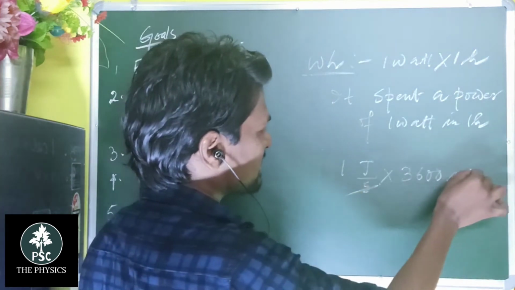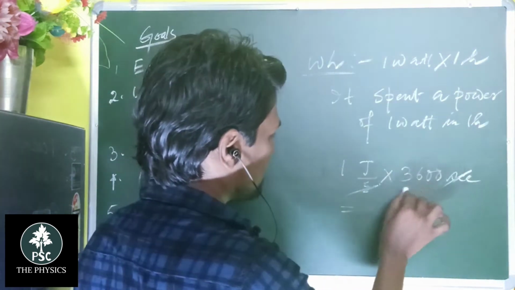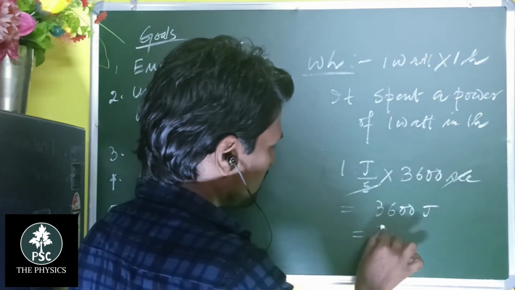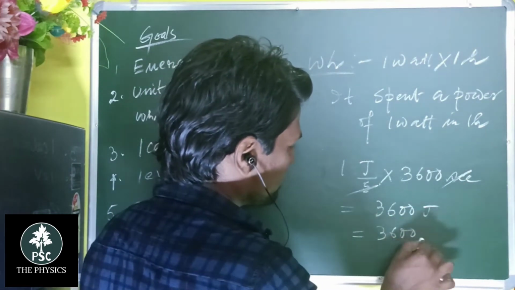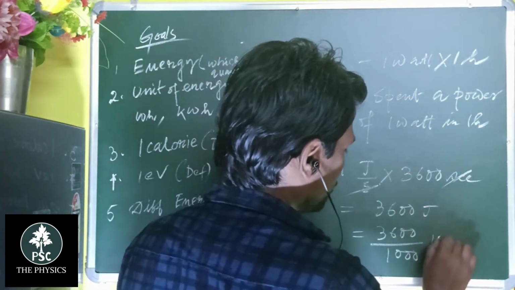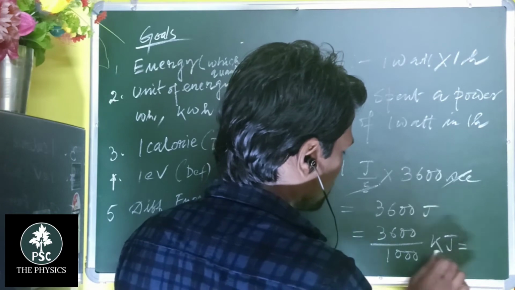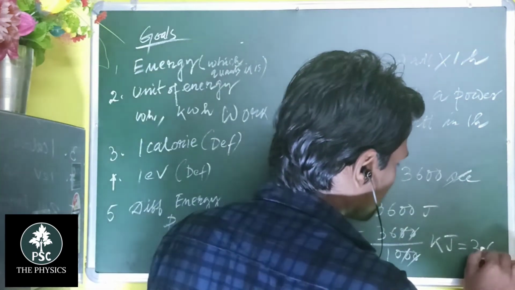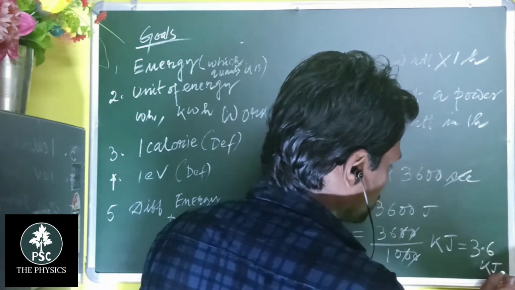Second and second cancel, and we get 3600 joule, or if we divide this by 1000, we get 3.6 kilojoule.